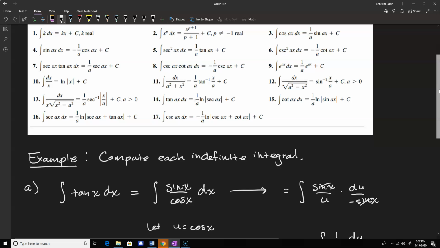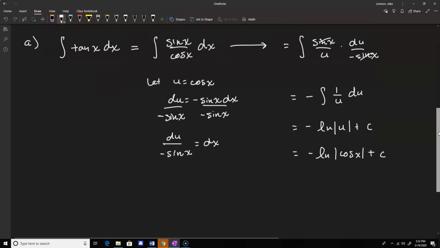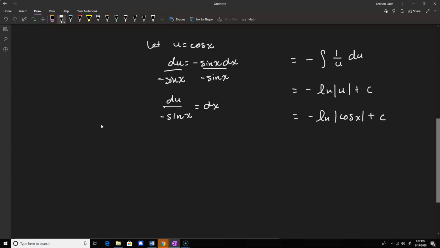So how did they do that? Well, they used properties of the natural logarithm. So let's say using properties to make our answer look like number 14.